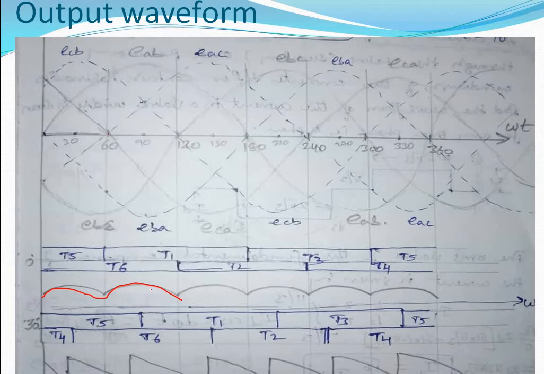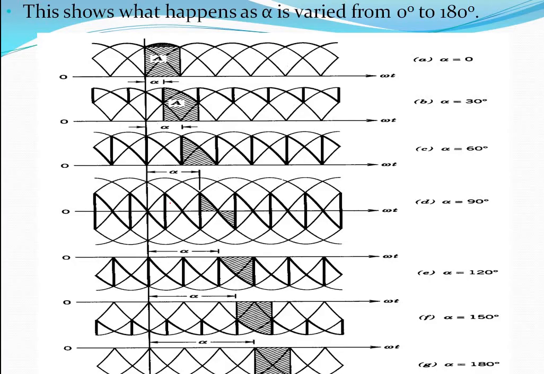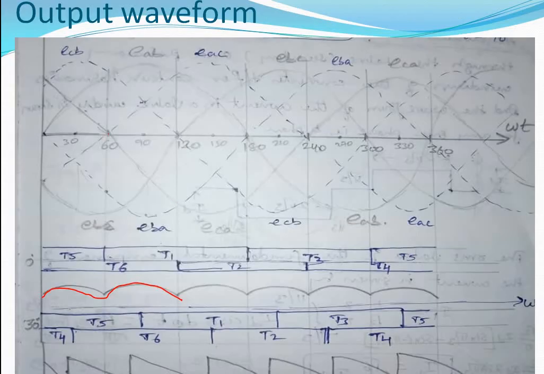So for alpha equal to 30 degrees, 60 degrees: for alpha equal to 30 degrees, you can see it starts at 90. I told you alpha equal to 60 means 60 plus 30 degrees, it is 90. So this is your most positive.